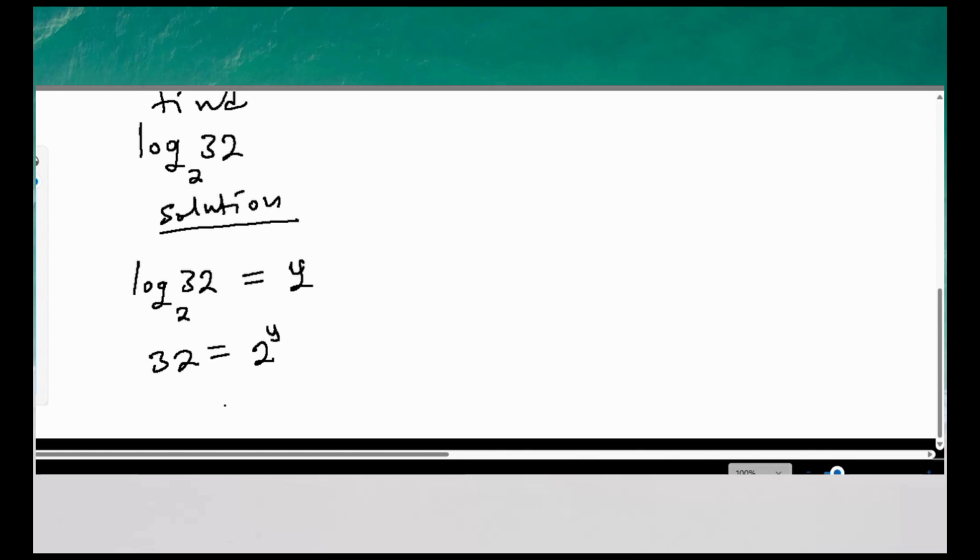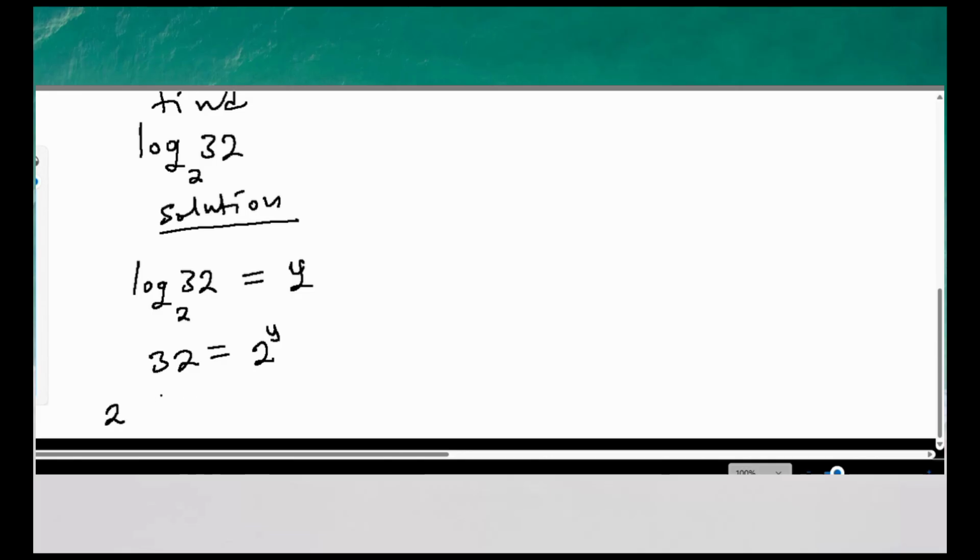Okay, and then if I have 32 is equal to 2 raised to the power y, then I need to do something to this 32 for it to have the same base as 2, so that I can equate the exponents to get a value for y. Then I ask myself, 2 raised to the power what is going to give me 32?